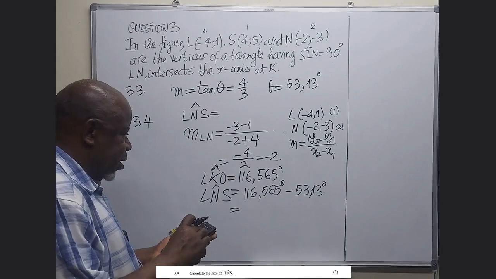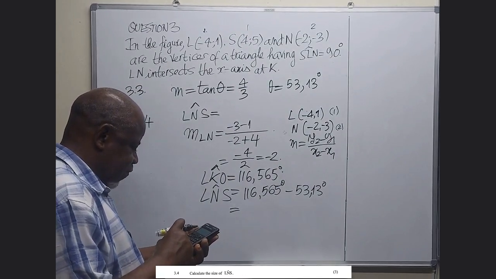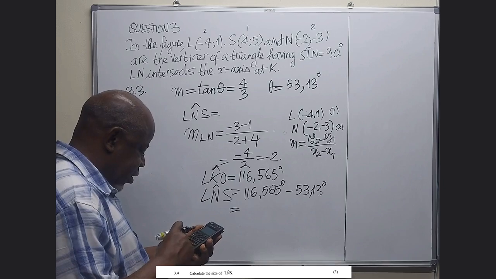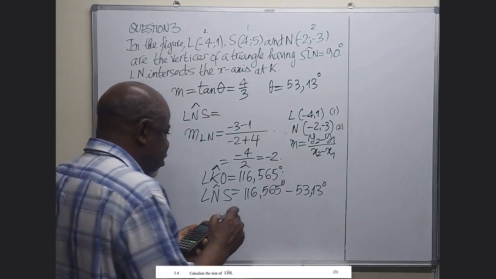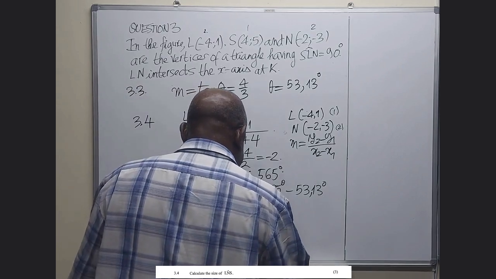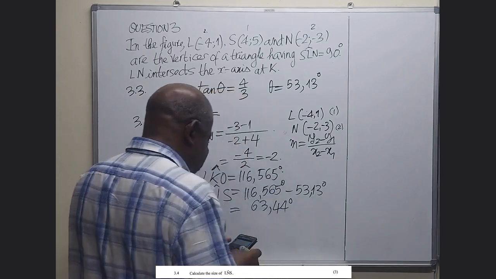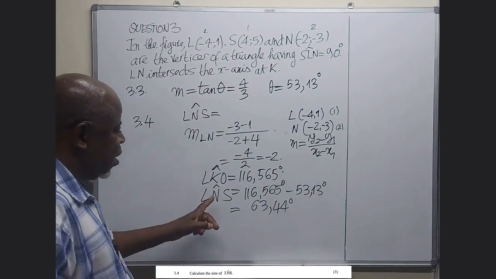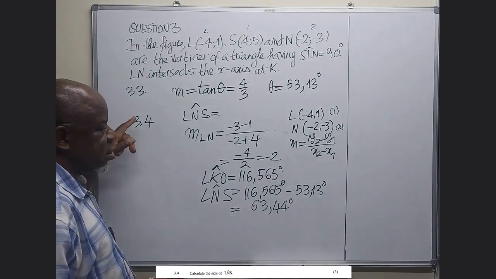Let's calculate 116.565 minus 53.13. Then we get 63.44 degrees. This is the value of angle LNS. So we are done with question 3.3 and 3.4.